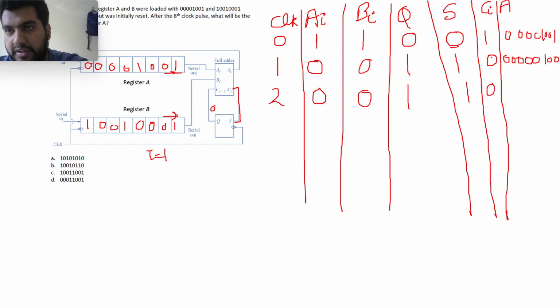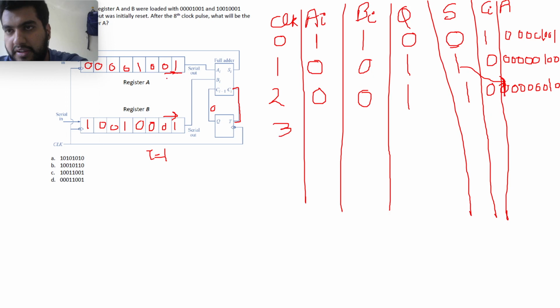So this 0 will be here. So 1, 2, 3, 4, 5, 6, and then 1, 0, right? Now over to clock cycle 3. Yeah, sorry, the register will be 1 because S equal to 1.